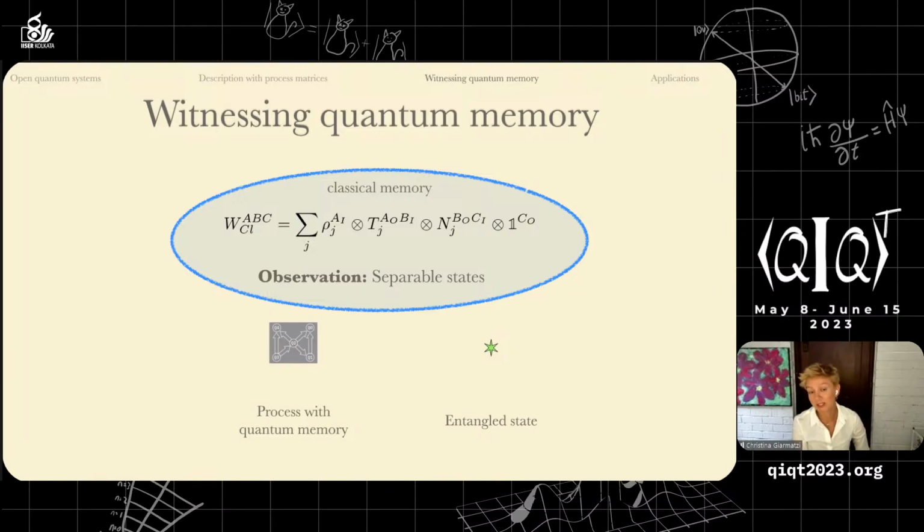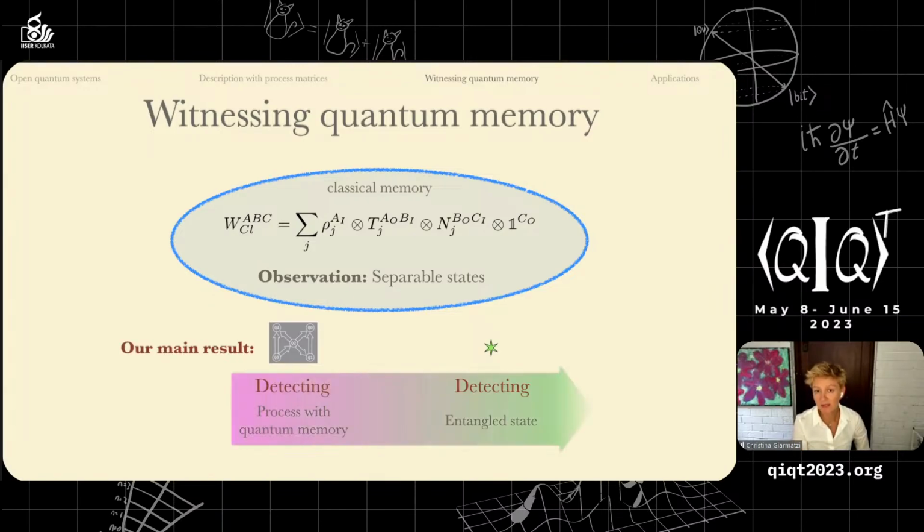Well, actually it's the opposite, so it's kind of the reverse. Every process matrix with quantum memory can be seen as a state, as an entangled state, and it will be outside of this set.